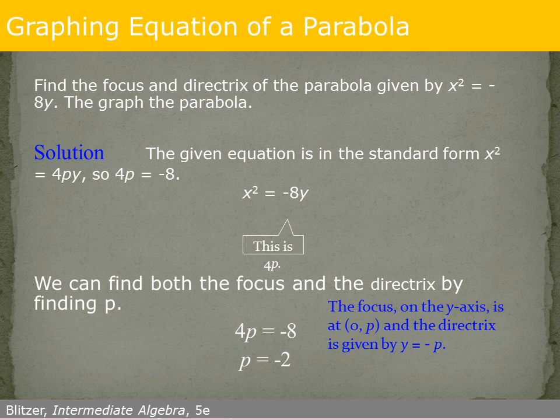We can then find both the focus and the directrix by finding p. 4p equals negative 8, and p would equal negative 2. The focus on the y-axis is at (0, p), and the directrix is given by y equals negative p.